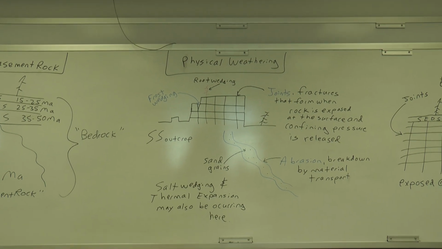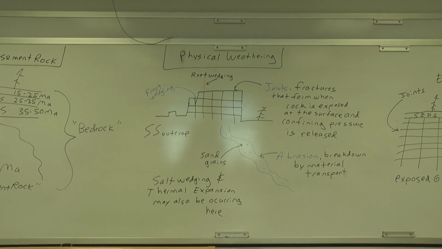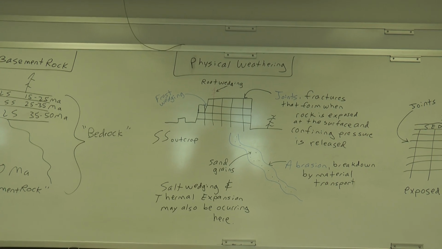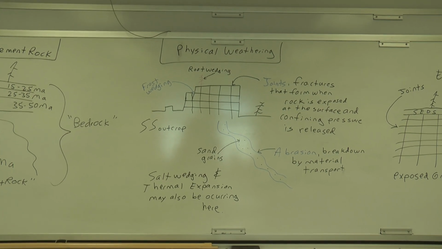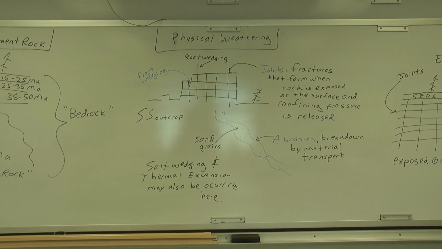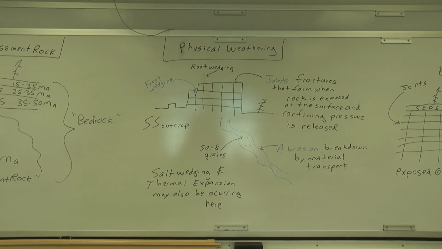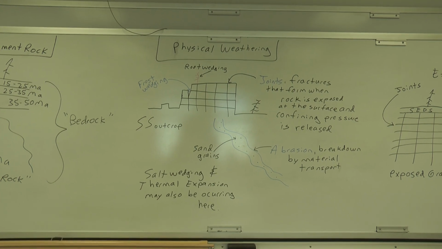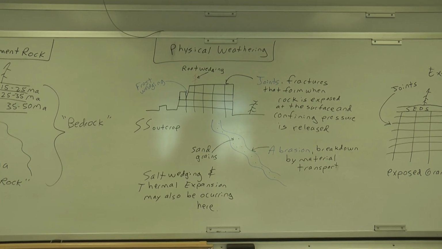Now, in your narrated PowerPoint in the chapter, we're also going to briefly discuss chemical weathering. Now, I don't do any drawings for chemical weathering because I wouldn't know how to draw chemical weathering, but I'm simply going to mention that some types of chemical weathering that we will refer to in the narrated PowerPoint are also occurring here.